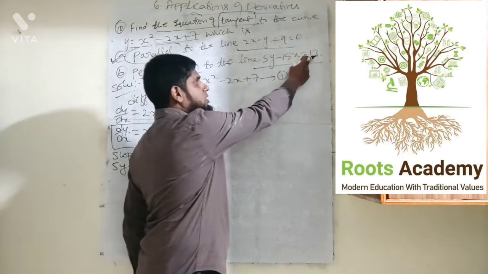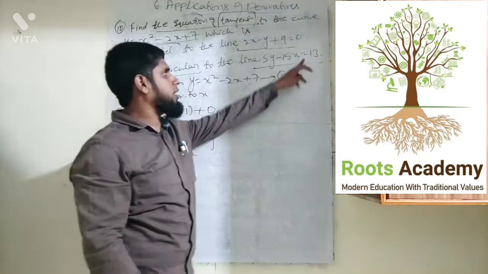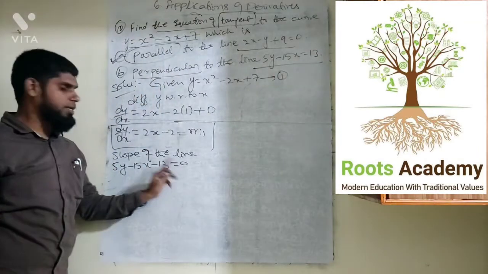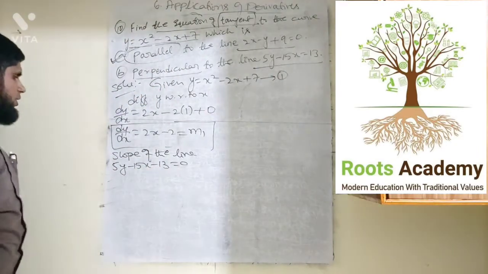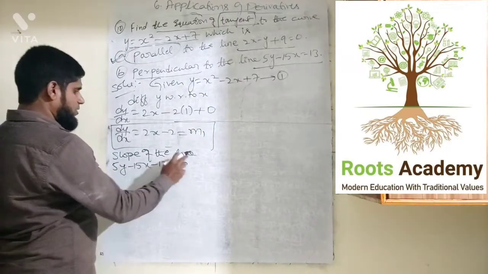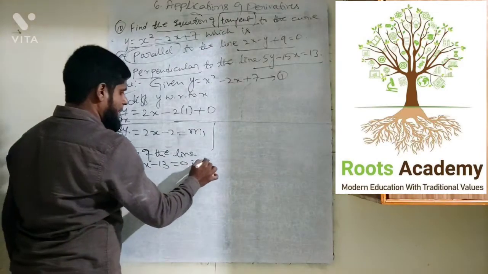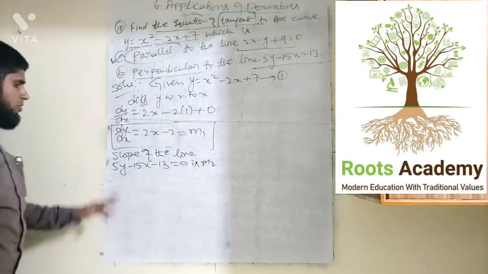This 13 is shifted to the LHS, so it changes its sign. The slope of the line, let me denote it as m2.